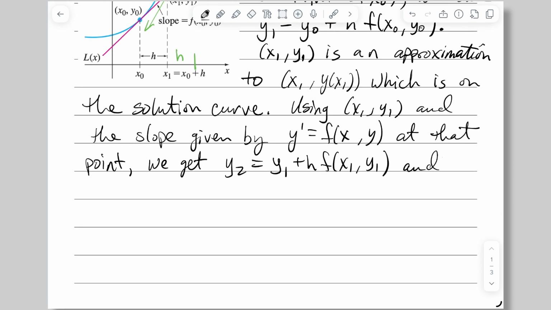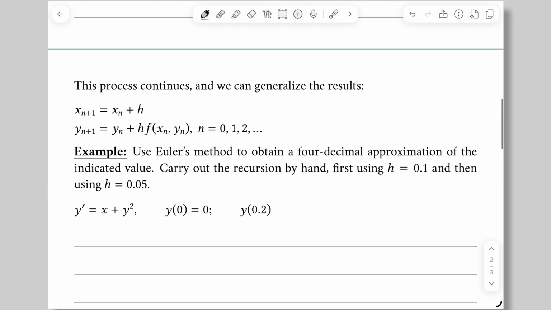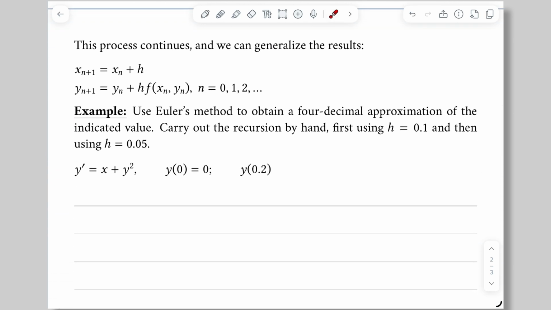And we get the point x2, y2, where x2 is x1 plus h, which means it's x0 plus 2h. This process continues, and we have a generalization of the results. X sub n plus 1 is a previous x value, x sub n, plus h, a horizontal distance.